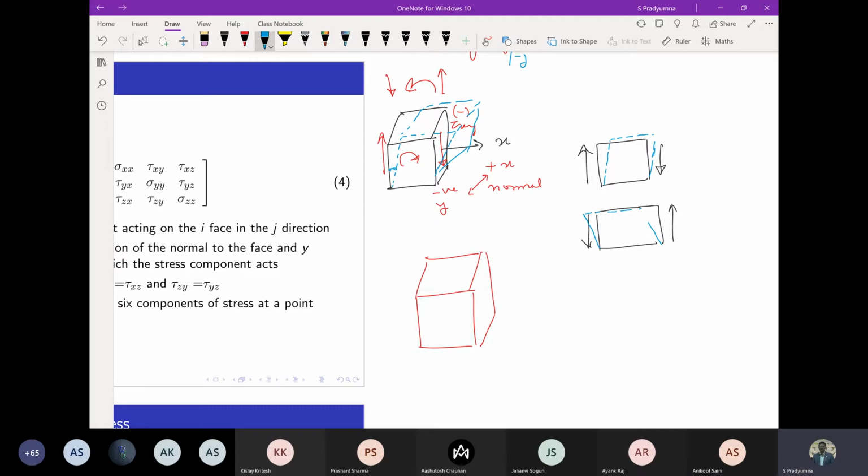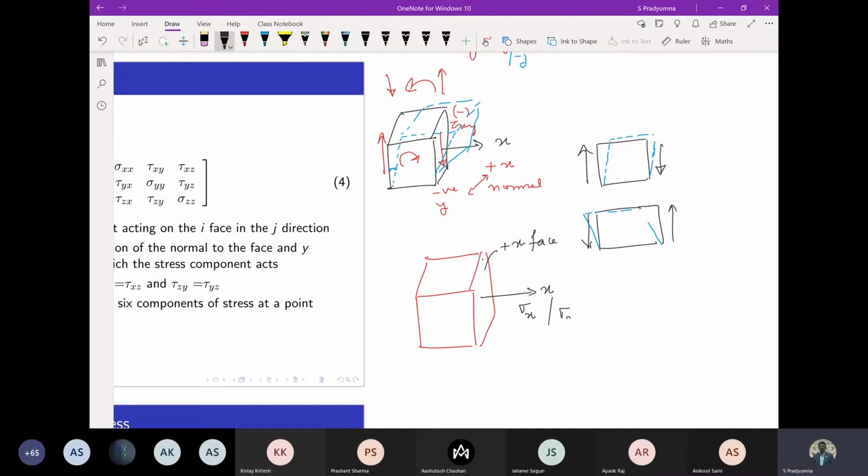So I will show you the shear stress component also. I have a slide on that also. I will show you that. So here, now let's come to the normal stress. So this is the x direction. Now this is what I call the positive x face, or the face having the positive x as the normal. And this is sigma x or sigma xx.